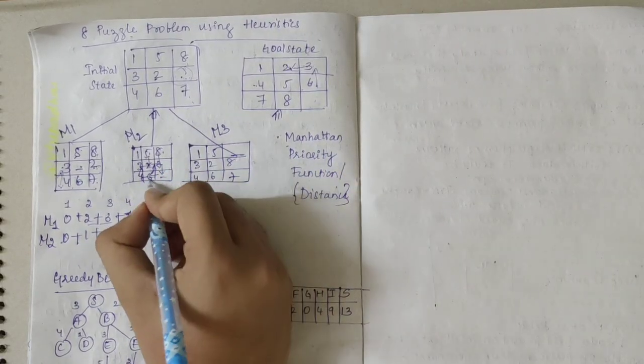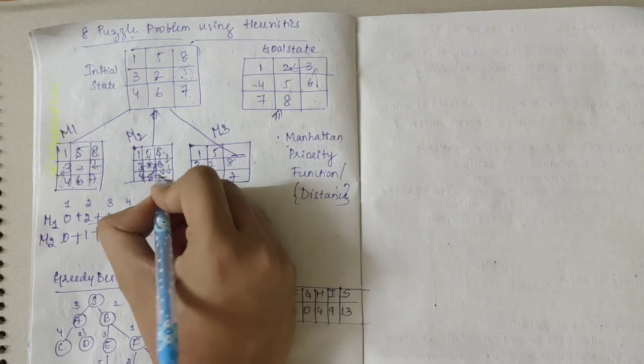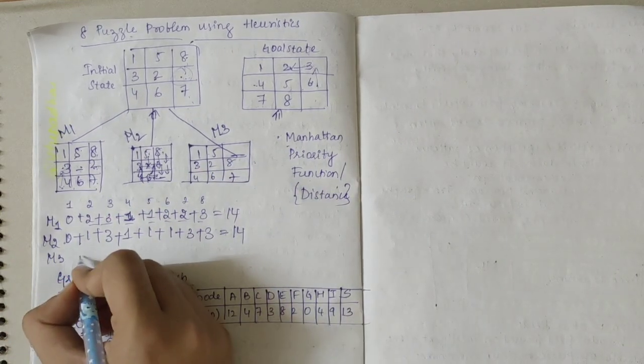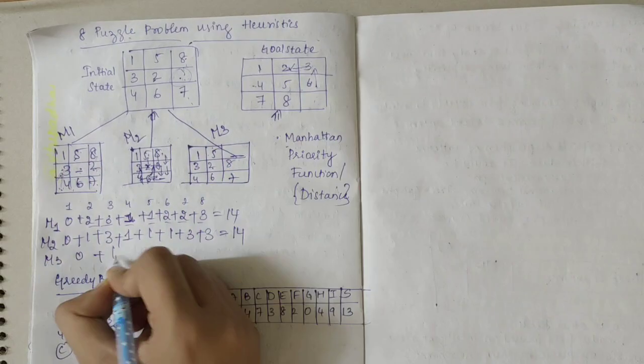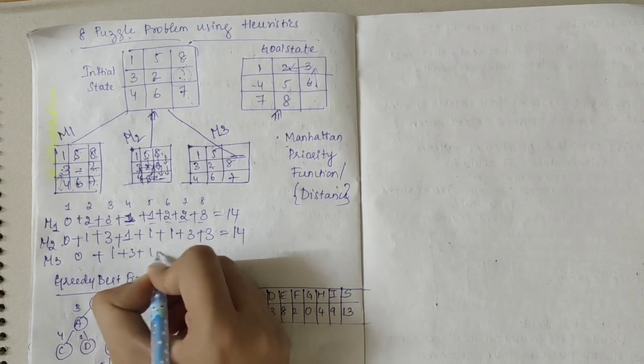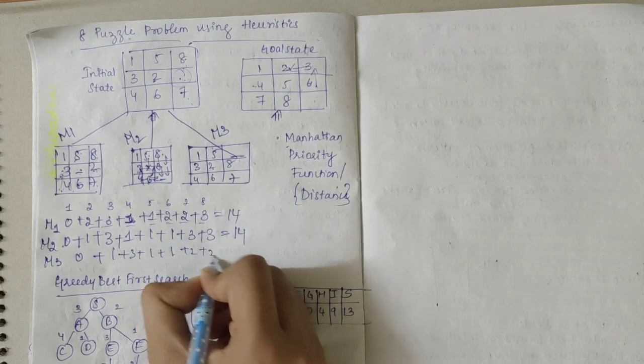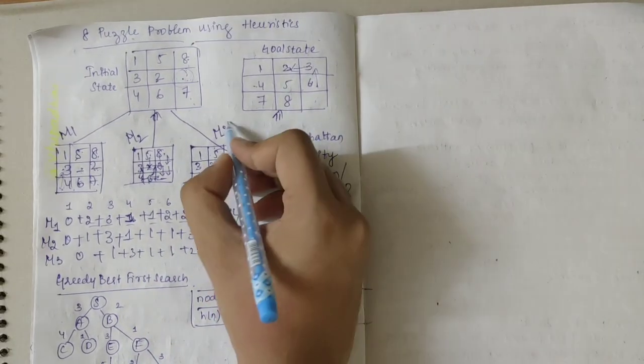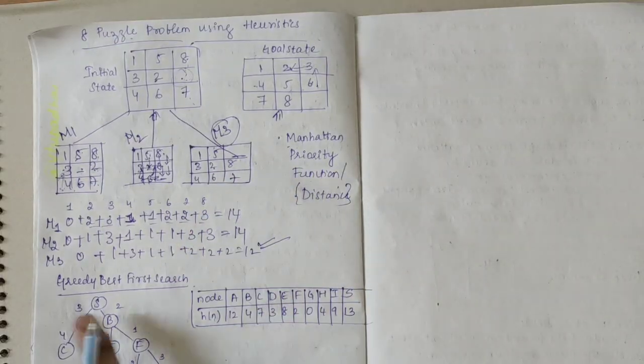And 8 should come here, right? So 1, 2 and 3. So this I'll get 14. And when I calculate M3, I get 0 plus 1 plus 3 plus 1 plus 1 plus 2 plus 2 plus 2. I get 12. So this M3 has the least Manhattan distance.